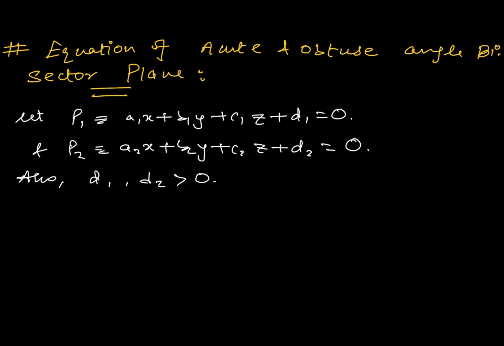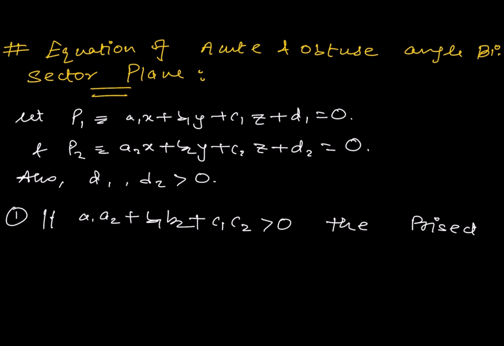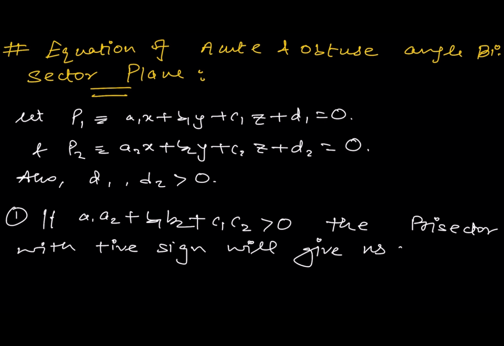Now first, if A1A2 plus B1B2 plus C1C2 is greater than 0, then the bisector with positive sign will give us the obtuse angle bisector, right?